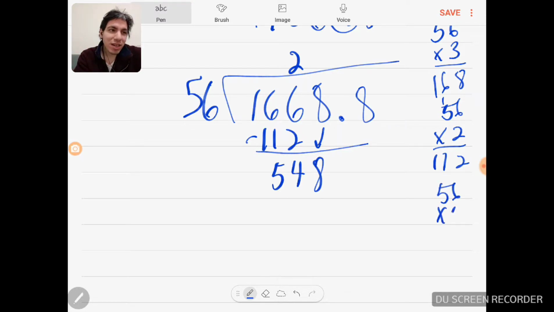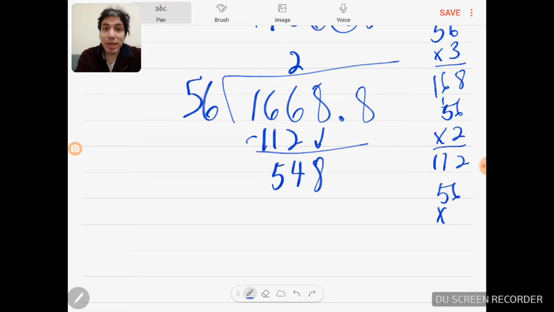So 56 times, I'm going to take a guess, 5 maybe? That's way too small. Here's a hunch. If I multiplied 56 by 10, I would get 560.